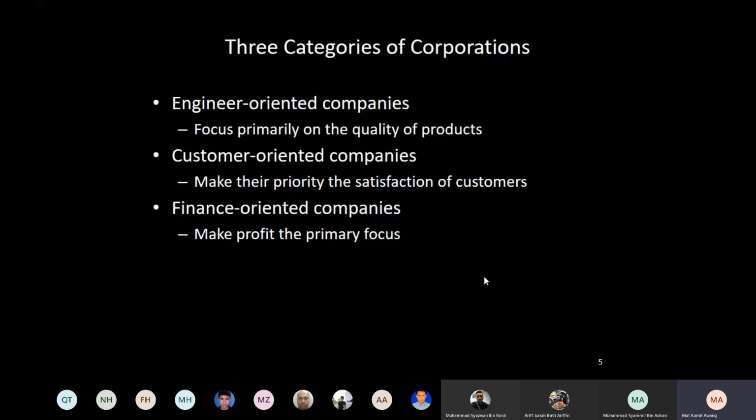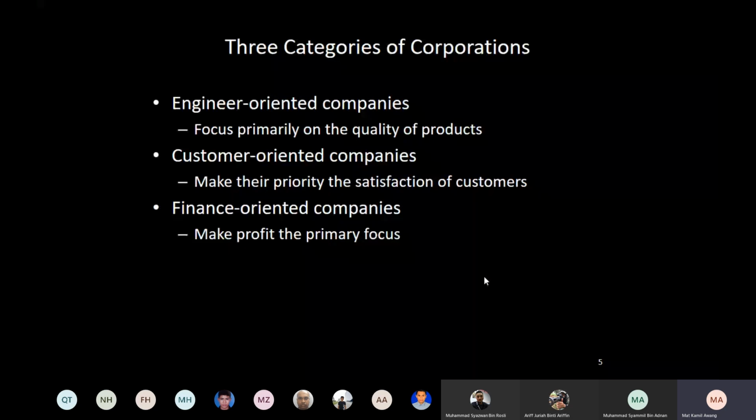Mostly these are German companies, so if you look at their cars, very good quality, high quality, used to be. But their customer service is very bad. My daughter, who is working in Germany, is always complaining about the customer service there. But in terms of the engineering part, they are very good.